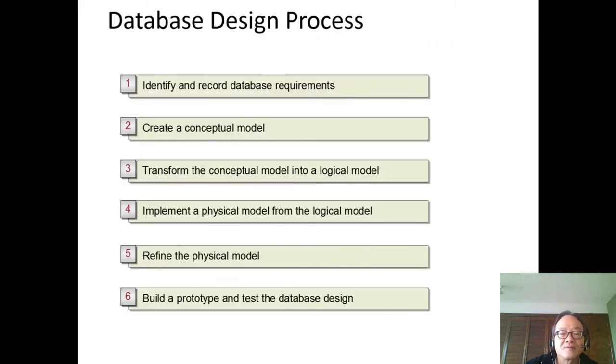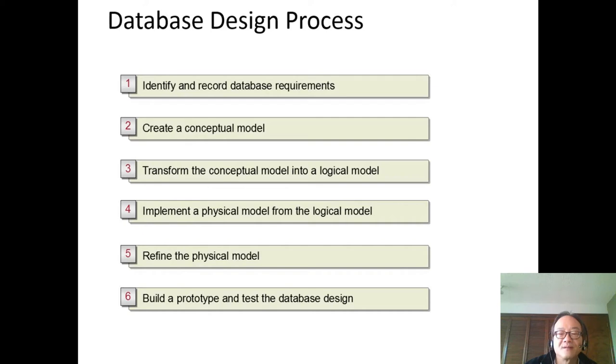The database design process can be broken into stages. Generally speaking, we start with gathering business requirements. Once the business requirements have been identified and documented, we move through three major stages of database design: conceptual, logical, and physical.